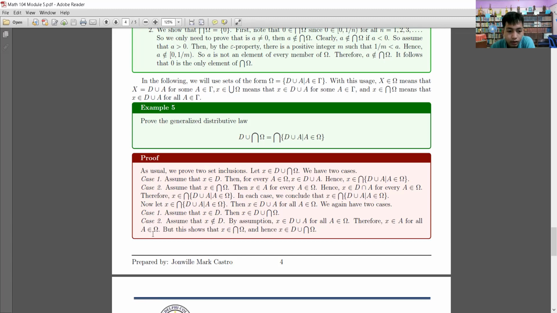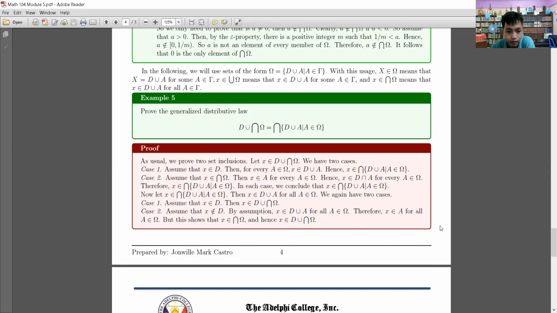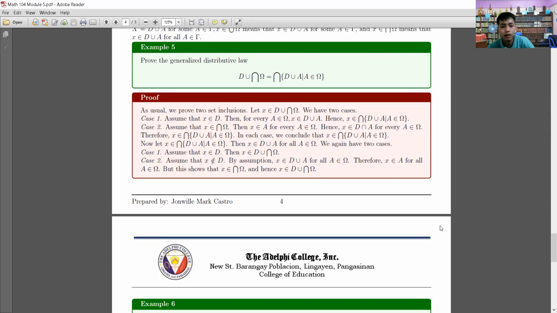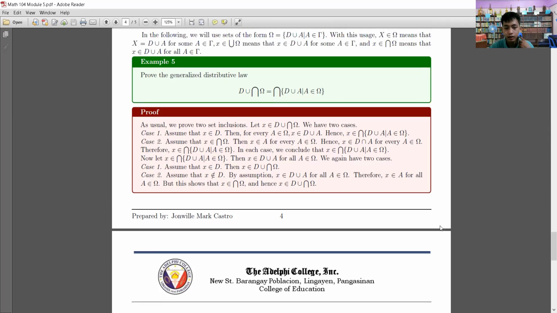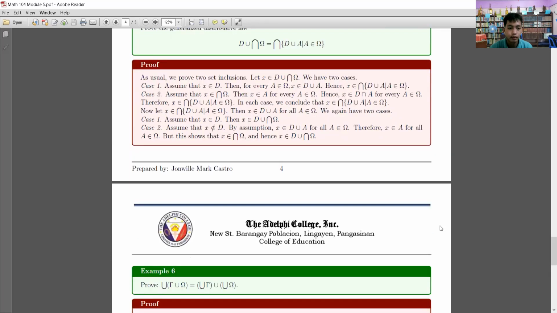For all A in omega. Pero this shows na X is in the intersection. And hence, nandun siya sa D union intersection of omega. Okay? So, yun na yung proof ng generalized distributive law.